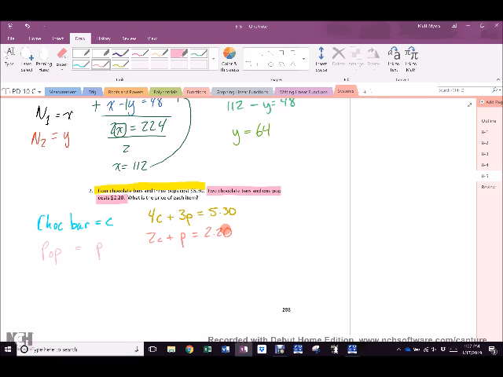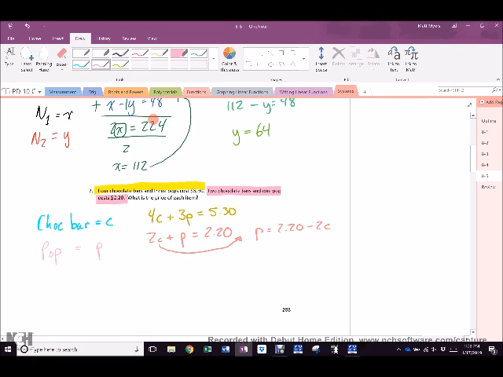I could multiply one of them to eliminate. That requires me to do algebra. Or I could move this C right over here and get P equals 2.20 minus 2C. And I could do substitution. Who makes that decision? You do.